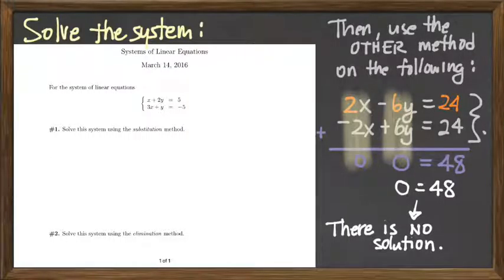And the way we interpret this is that if there were an x and a y that made both of these original equations balance, that was a solution to both the first equation and the second equation, then whatever that x and y is, if I plugged them into both of these equations and then I added those equations together, one side of the equation would become 0, the other side of the equation would become 48. So if there were a solution, then both of my original equations would have to balance, and therefore this equation at the bottom would also have to balance. But it doesn't.